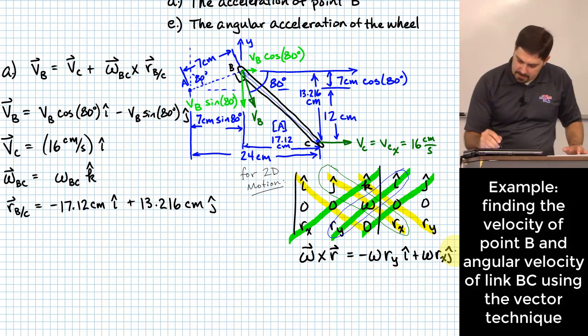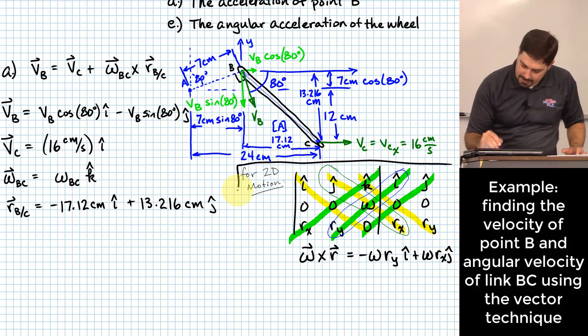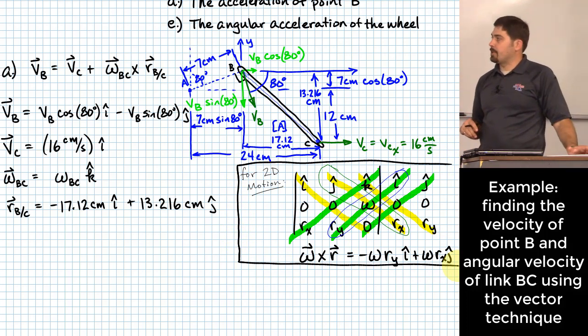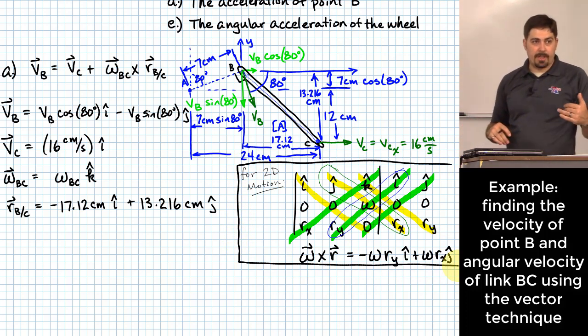Okay? And this is just a little sidebar that I'm putting over here to the side so that we can more easily express what that cross product actually is when we get ready to solve this.